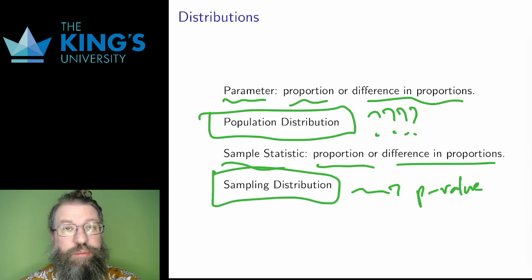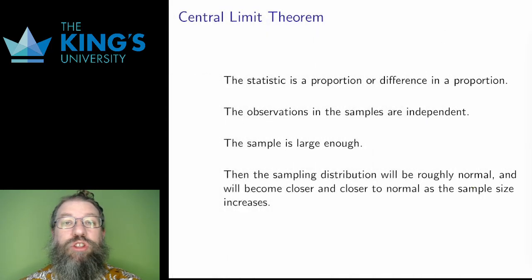A sampling distribution is not the display of the cases in one sample. Instead, each sample generates a statistic, one number from each sample, and that produces a new kind of data set with one value for each sample, and the shape of this data set is called the sampling distribution.